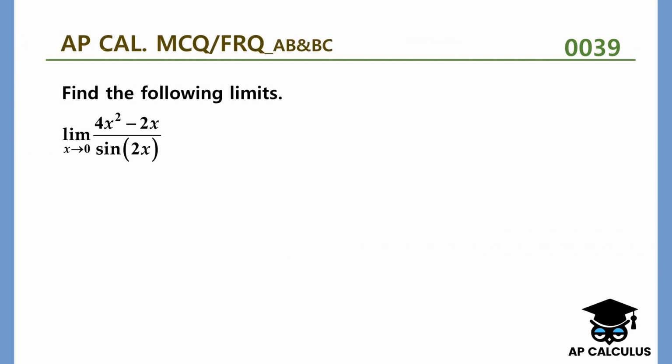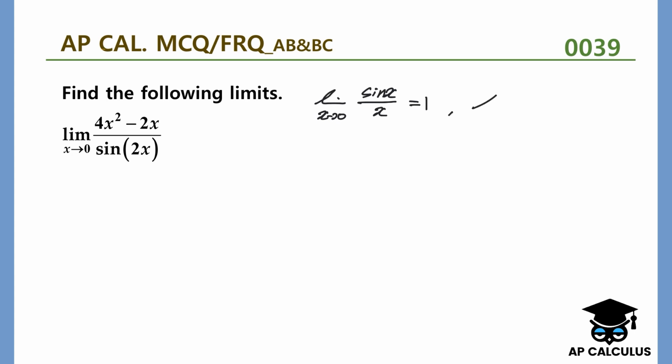Question number 39. We have the limit as x approaches 0 of (4x squared minus 2x) over sine 2x. There is a formula we must remember in limits with trigonometric functions. The limit as x approaches 0 of sine x over x is equal to 1, right?